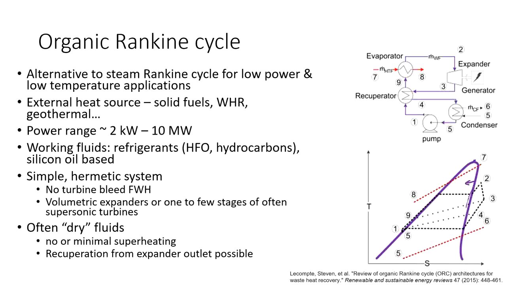So that means that if we have expansion going isentropically from certain point of saturated vapor, let's say from over here, unlike in the steam where we would go into the wet steam, here the expansion goes into the superheated vapor.